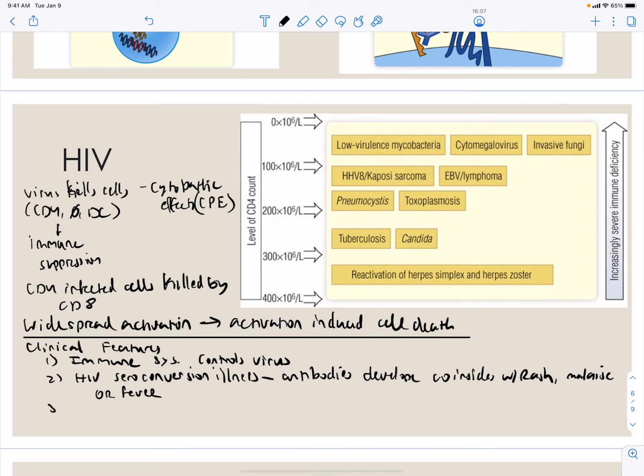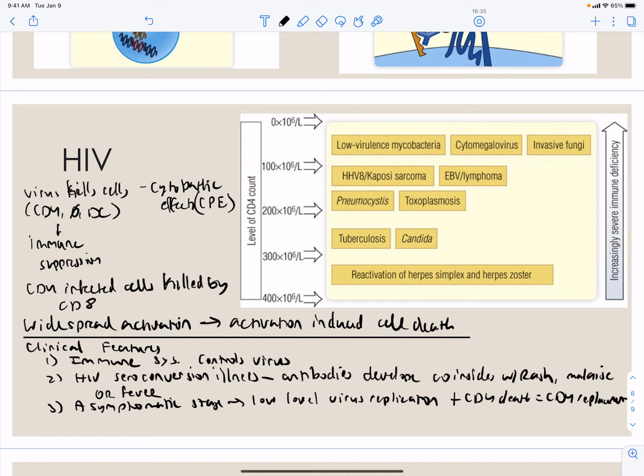And then you go through an asymptomatic stage. And the virus is still replicating. So you have low-level virus replication plus CD4 death equals CD4 replacement.